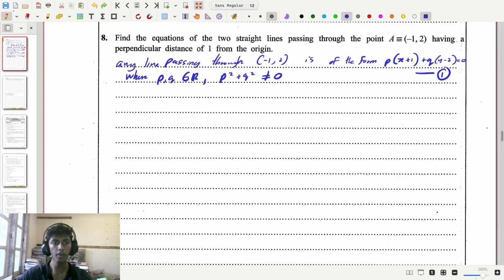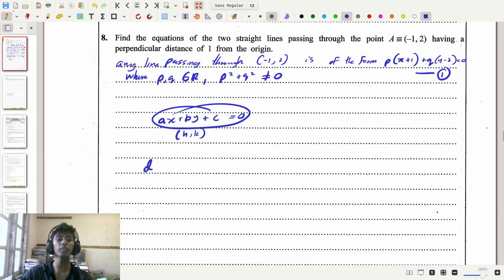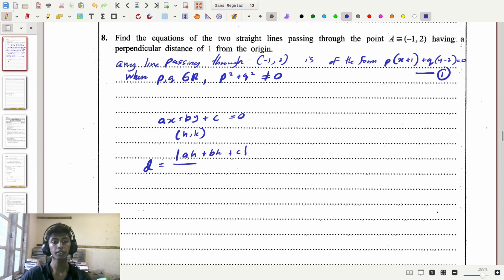Now, as we know, if we have any straight line of the form ax plus by plus c equals 0, then if we consider an external point (h, k), the perpendicular distance d from this straight line to the point (h, k) is equal to the modulus of ah plus bk plus c divided by the square root of a squared plus b squared, provided of course a squared plus b squared is not equal to 0.